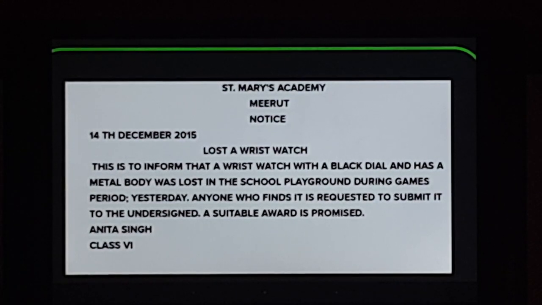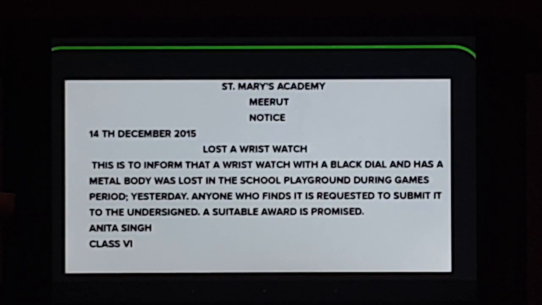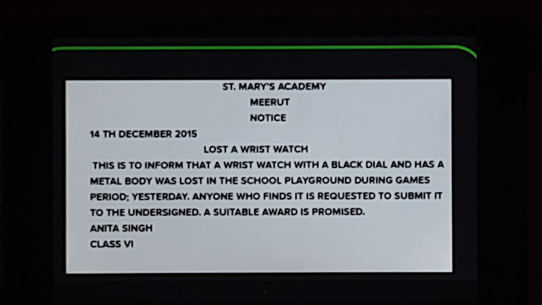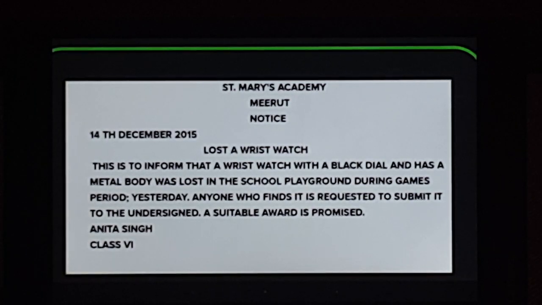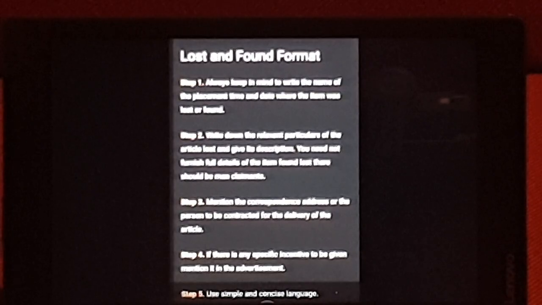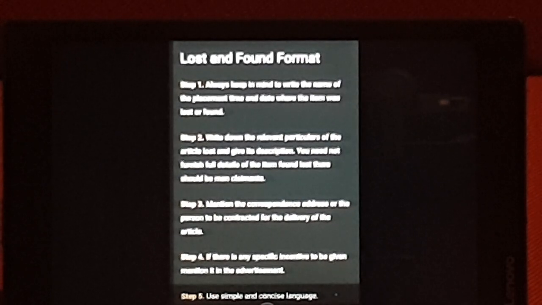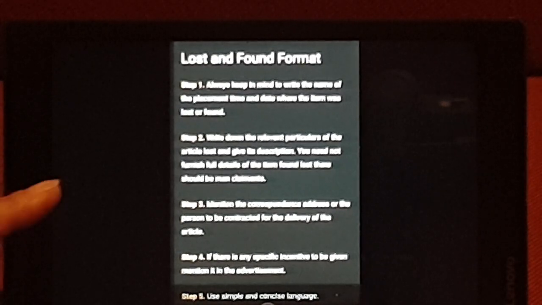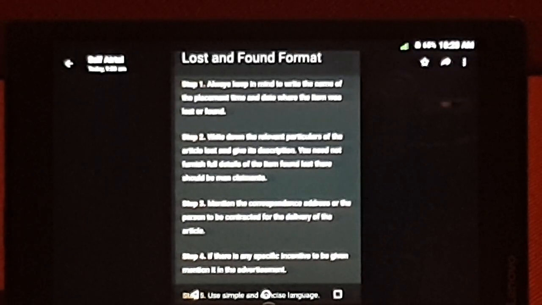And then we write the body, signature of that person, name of that person, and the designation or the class to which the boy or the girl belongs. So this is one way of writing. And since class 5 is dealing with lost and found format, you have to remember these points. Step 1, step 2, you will read it on your own and then follow the same steps.